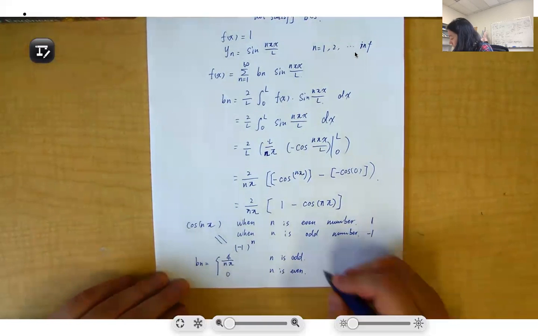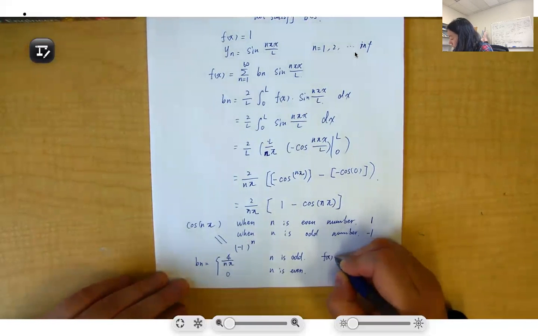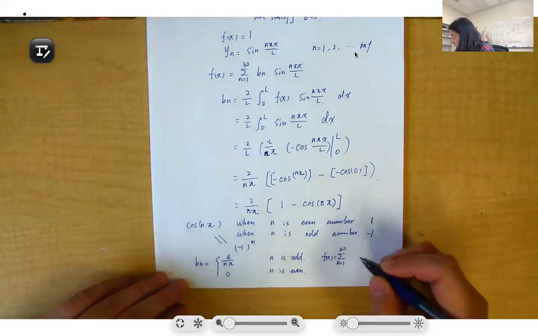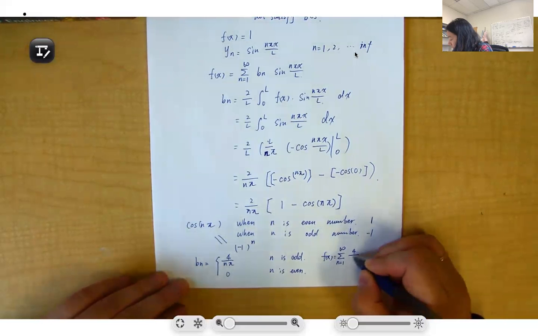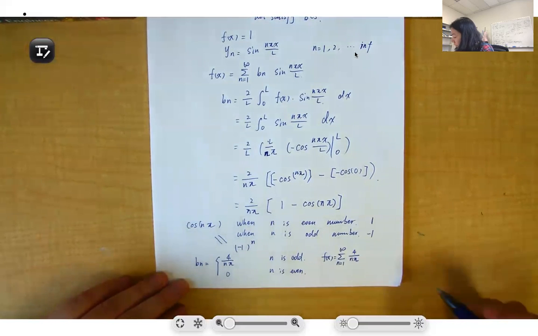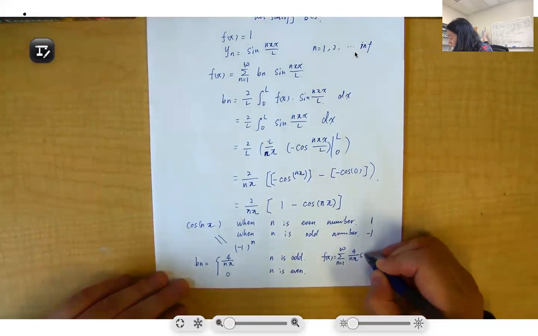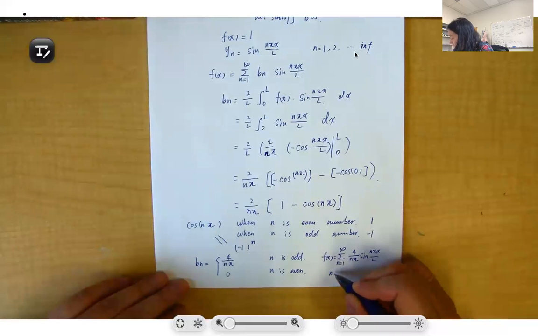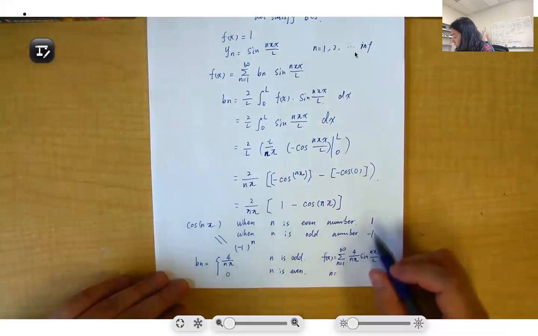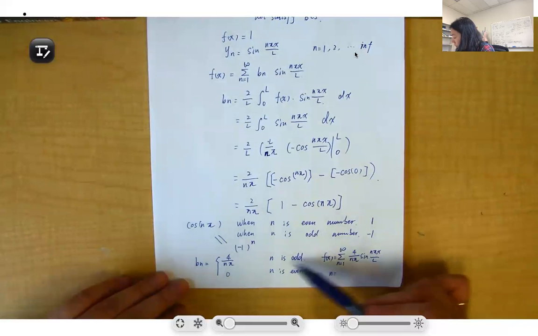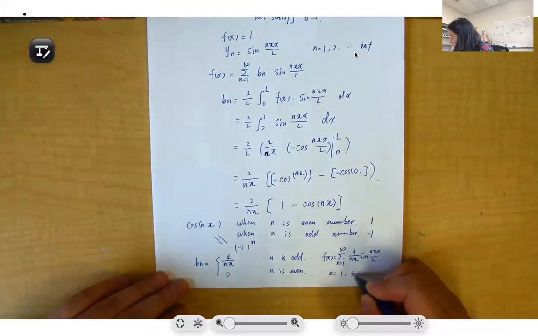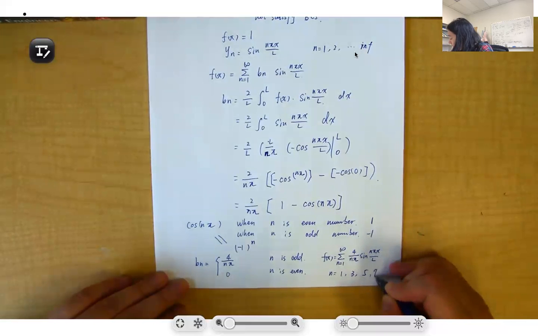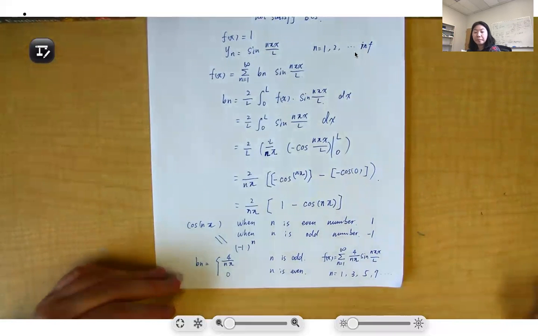So my fx in the end will be represented by a sum from n equals 1 to infinity of 4 over n pi sine n pi x over L, where n is only the odd numbers, so 1, 3, 5, 7 until infinity.